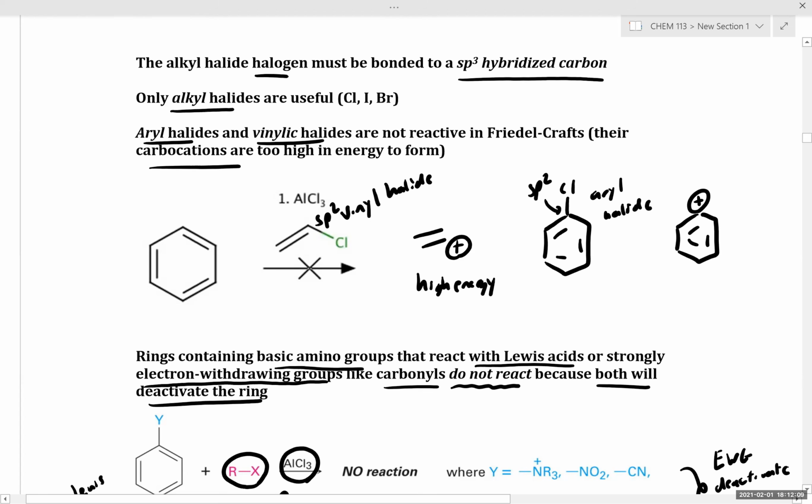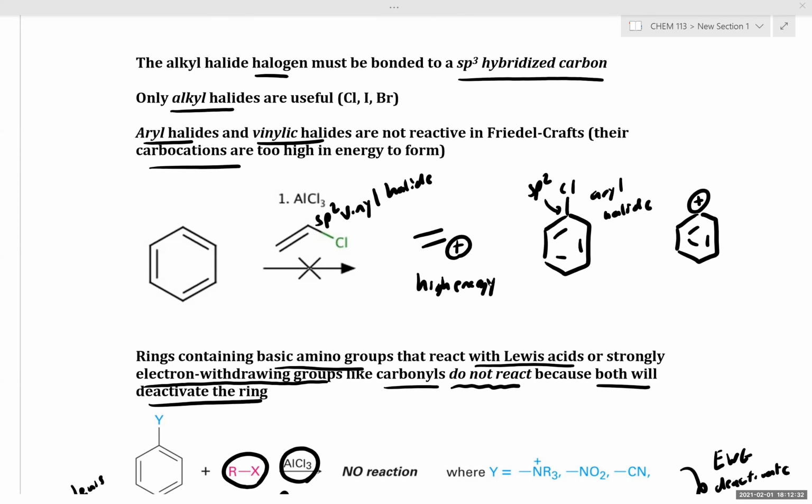Well, the Friedel-Crafts alkylation by definition will only install alkyl groups. So this polyalkylation issue only occurs in the Friedel-Crafts alkylation. It's not based on the electrophile strength.